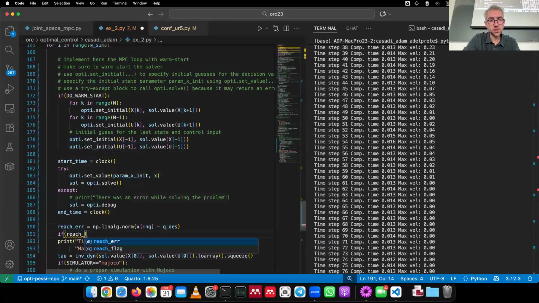If reach error below, I don't know, 1 millimeter, well, it's in radians, it's not in meters, sorry. So we can put it even a bit, maybe 10 to the minus 2, which is like half a degree.